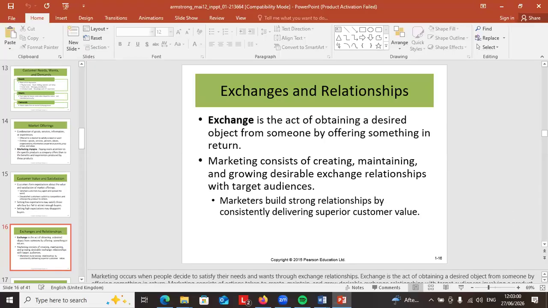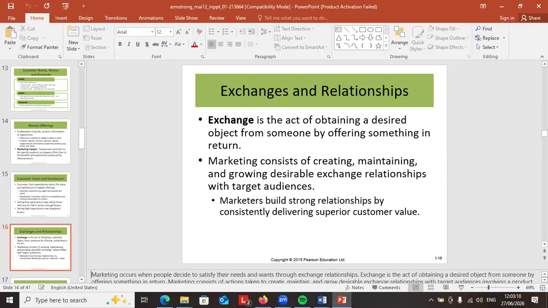What about exchanges and relationships? Of course, marketing occurs when people decide to satisfy their needs and wants through exchange relationships. And so an exchange is the act of obtaining a desired object from someone by offering something in return.